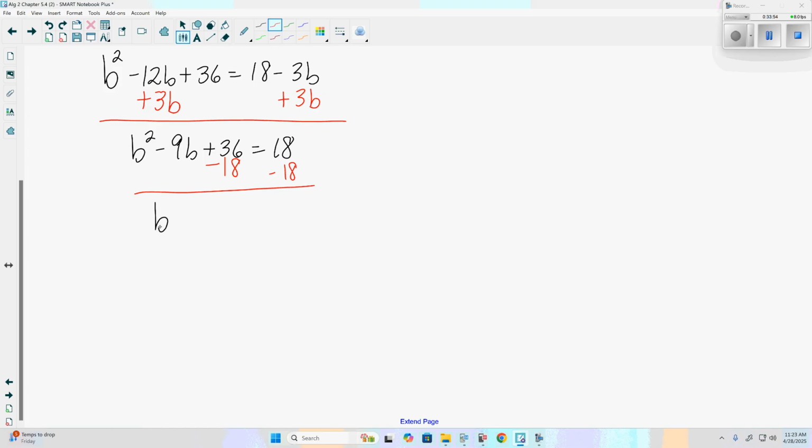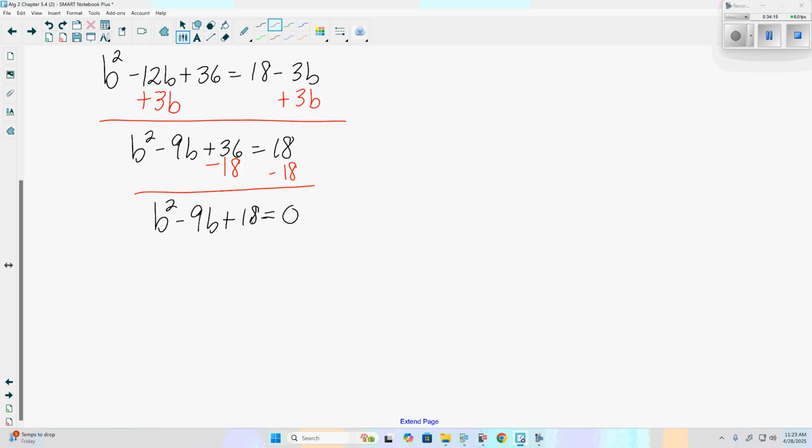Then we can subtract 18, telling us b squared minus 9b plus 18 is equal to 0. Questions on this here? Is there a greatest common factor between these three terms, between b squared, 9b, and 18?